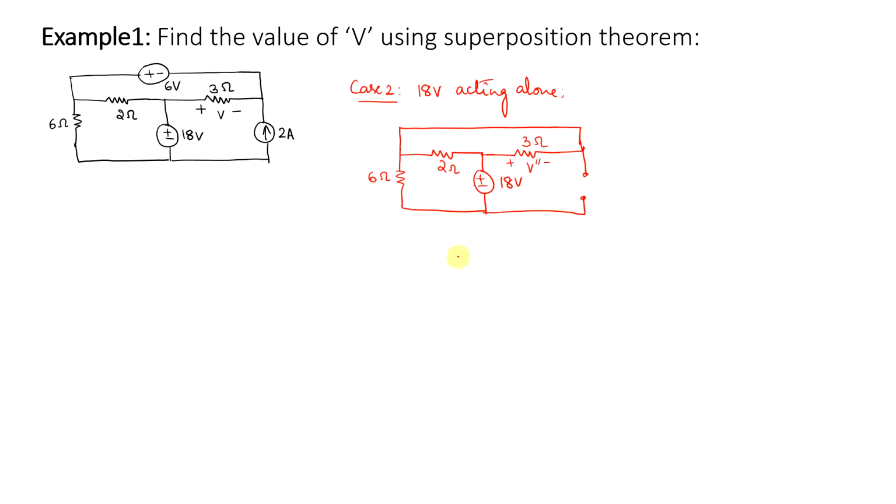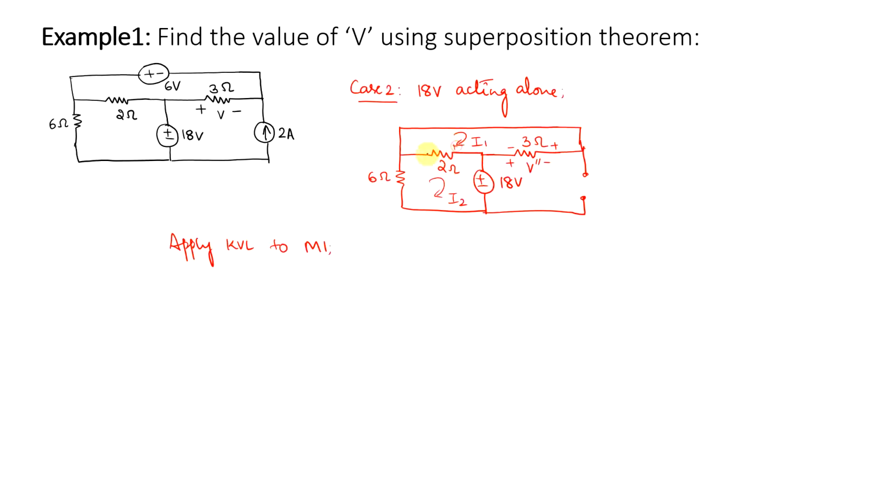Now apply mesh analysis and find out the values. I will name this current as I1, this current as I2. So apply KVL to mesh 1 and you get this as, as per the direction of current, this is plus, this is minus, and this is plus, this is minus.